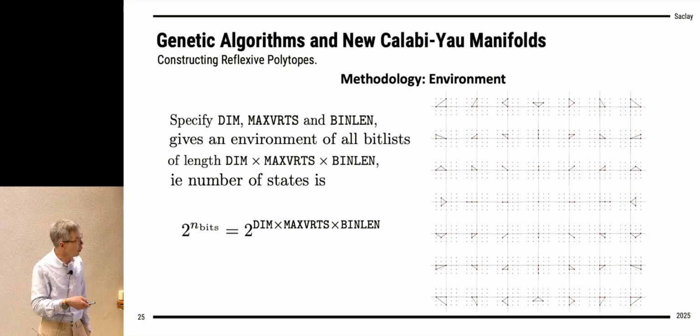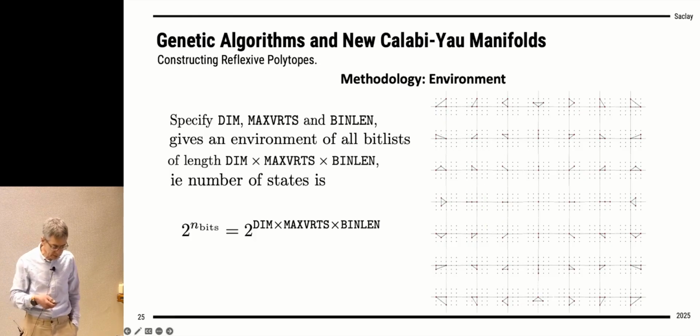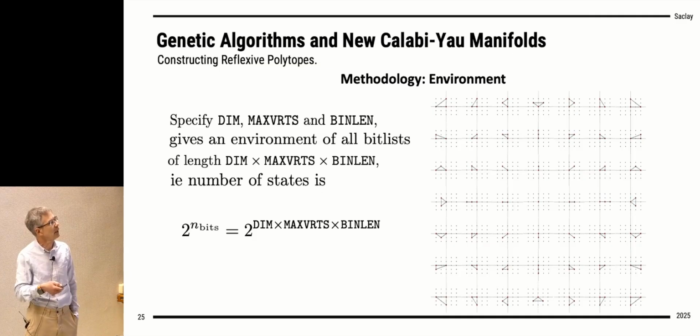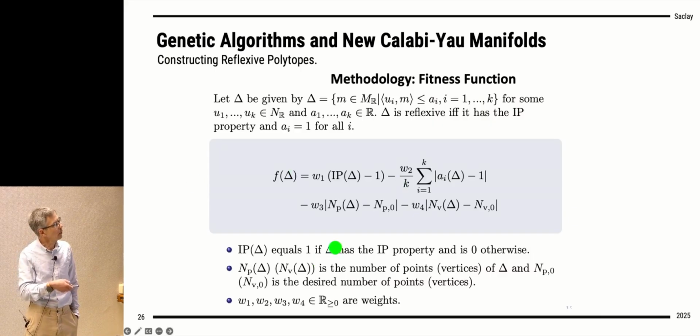So you have a search space with the number of states, which is a very large set of states. And what's amazing about this genetic algorithm is that it's very quickly able to, just like in nature, find the relevant polytopes that we're interested in. So you of course have to specify a loss function here, and the important part is this first term in particular.